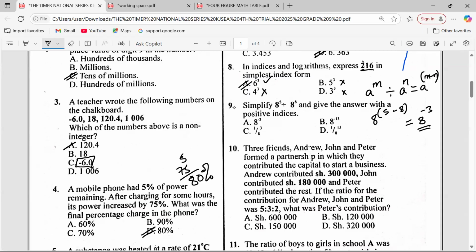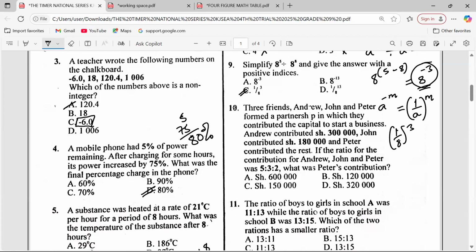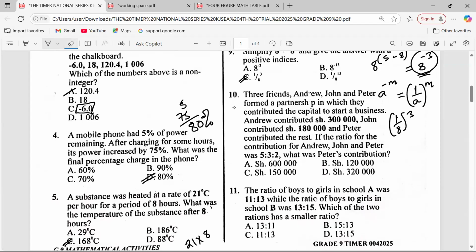We change the negative index to positive using the negative law of indices that says when you have a number raised to a negative power, we take the reciprocal, then the power becomes positive. Applying this to 8 power negative 3, it shall become 1 out of 8, and the power becomes 3, meaning option C becomes the most appropriate. Yeah, option C will be the most appropriate answer for us.